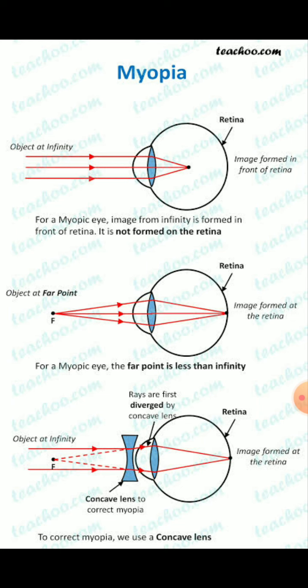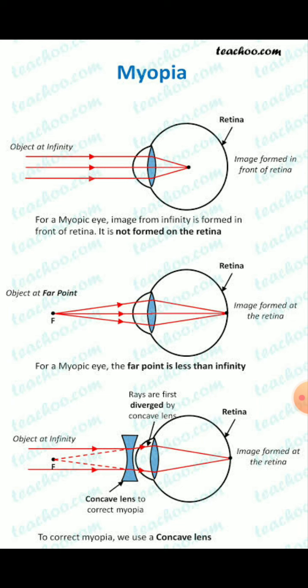So, why is the concave lens used here? Because it will help to diverge the rays. When the rays are coming parallel, they will first be diverged by the concave lens. As a result, the image will be formed on the retina. So, to correct myopia, we need to use a concave lens.